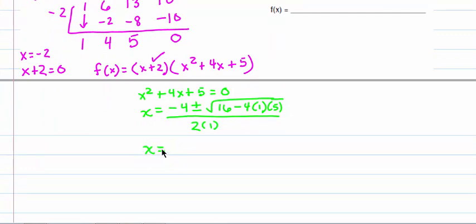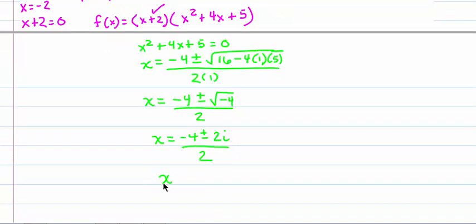x is then equal to negative 4 plus or minus the square root of negative 4, divided by 2. I have x is equal to negative 4 plus or minus 2i, divided by 2.